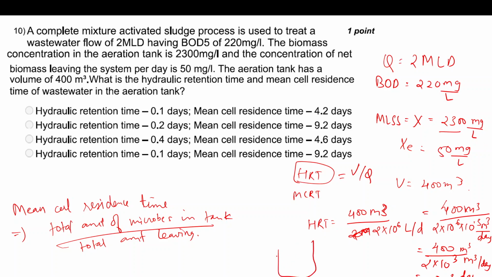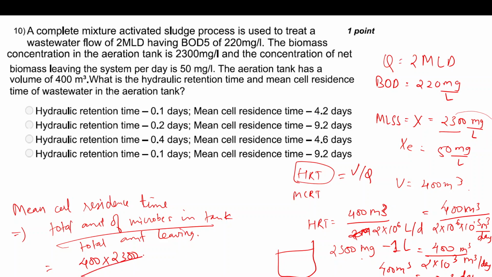If 2300 milligram of microbes is present in 1 liter of water, and the aeration tank has 400 meter cube of wastewater, what should be the quantity? You are not supposed to use concentration, you need to use amount. So for the exact amount in 400 meter cube, it will be 400 into 2300.